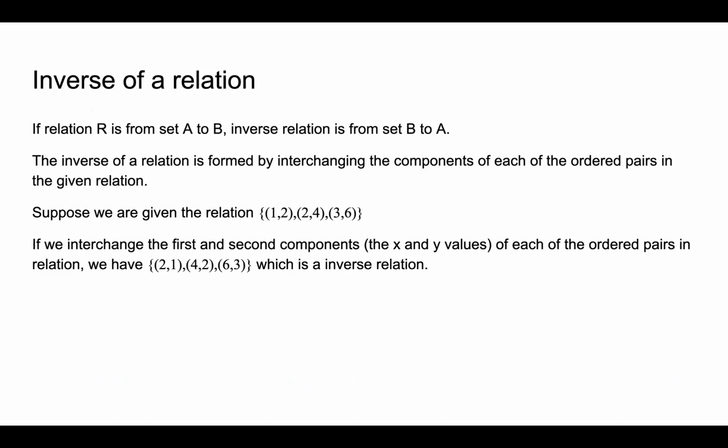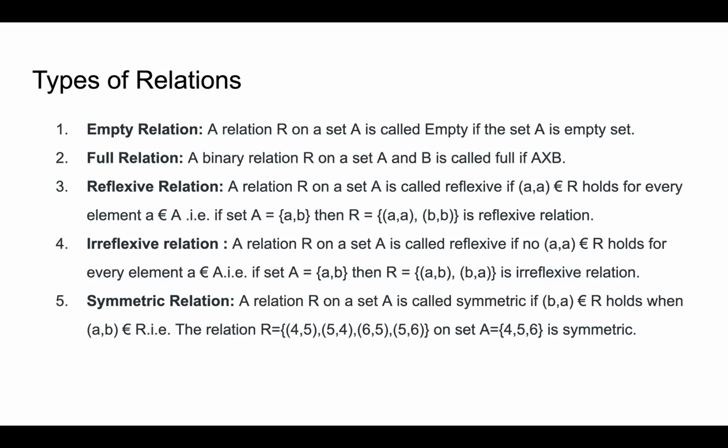If R is the relation from set A to B, then the inverse relation of R is from set B to A. If R is from A to B, then R inverse is from B to A. If the relation is given like (1,2), (2,4), (3,6), it will be (2,1), (4,2), (6,3), interchanging X and Y values, A and B values. That's it. It is an inverse relation.